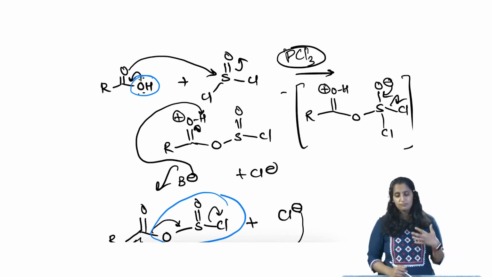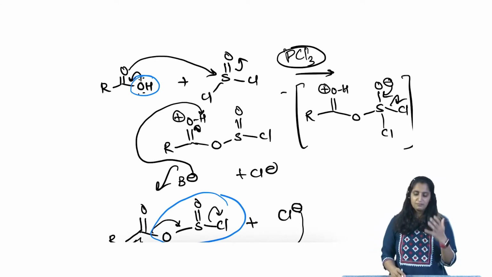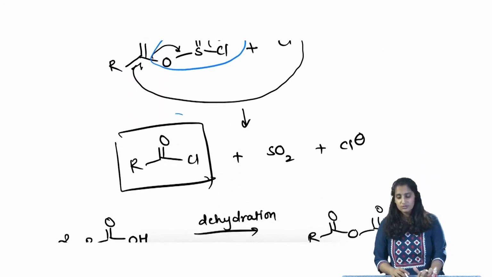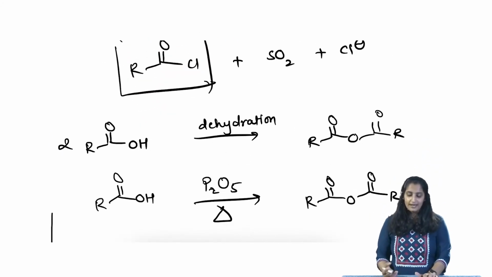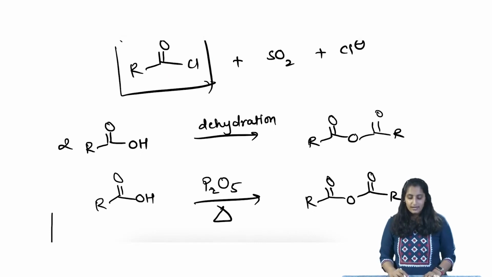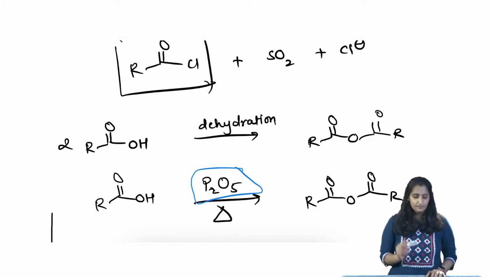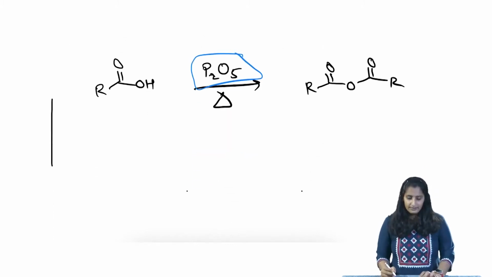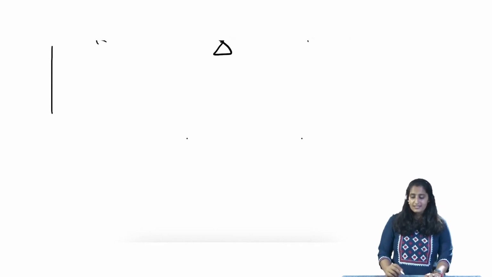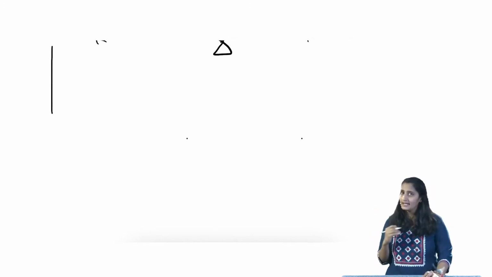Okay. So, in the case of PCl3 and PBr3 also you are going to see the same reactivity. In the case of anhydrides also there are various reagents, but let us just stick to one that really works well, it is the P2O5. Okay. That is about the conversion of acids to acid chlorides and anhydrides.